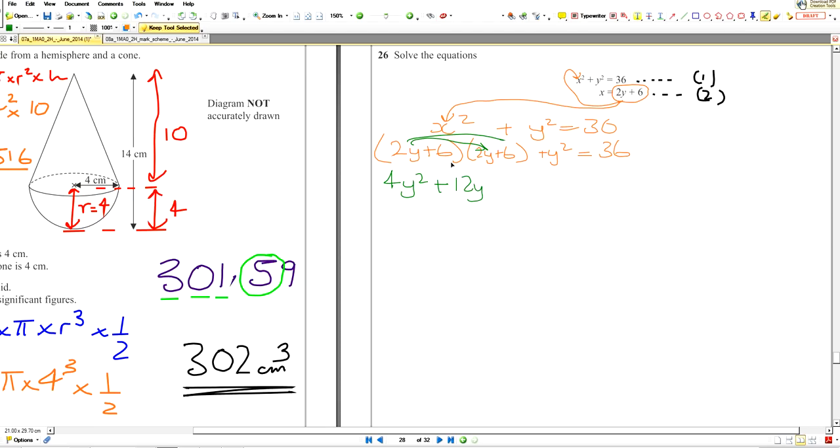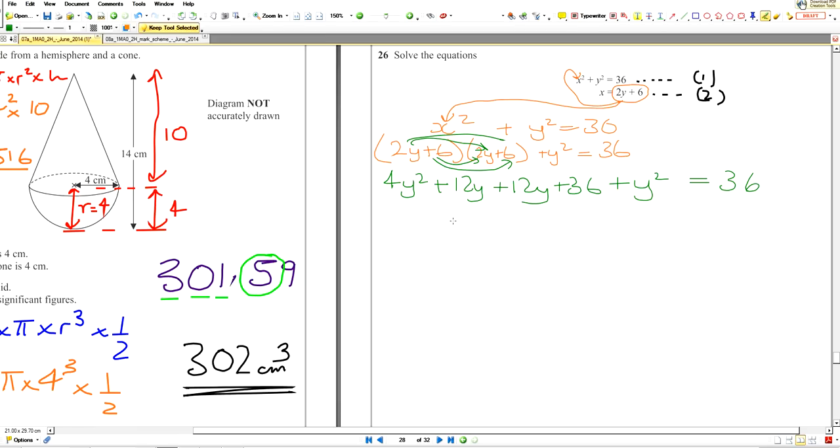And then we have plus 6 times 2y, that will give you another plus 12y, and plus 6 times plus 6 will give you plus 36. Plus the y squared that is already out here, and that is equal to 36.